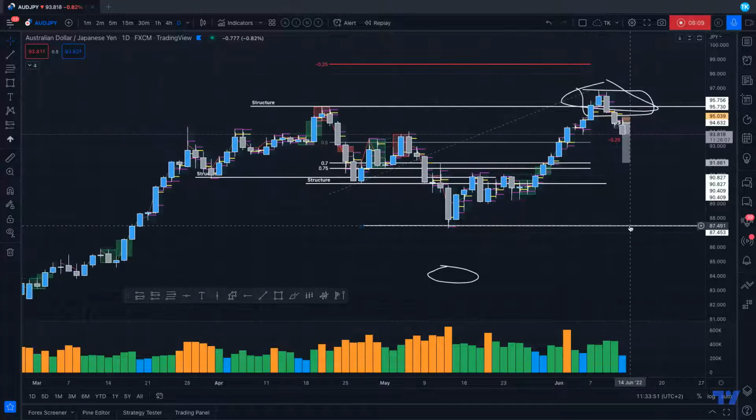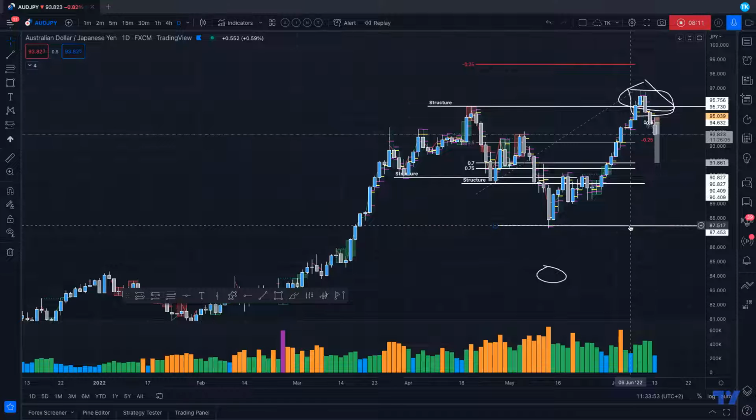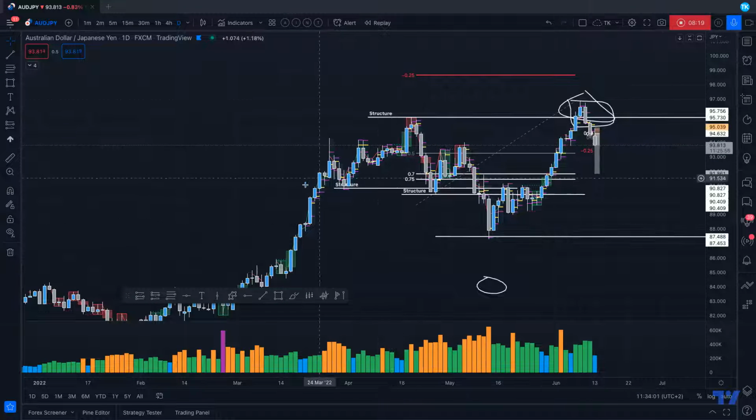Obviously we are not ready for a bearish trend on a long-term perspective, but to be honest, this could be the beginning of a very interesting Wyckoff schematic.